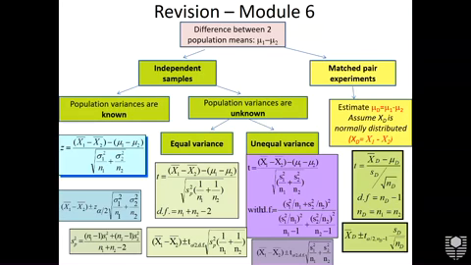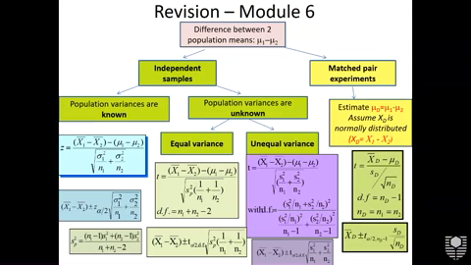That is the original formula of Z. But now we're going to have two populations, so two x bars, two mus, because we are interested in the difference between two populations.